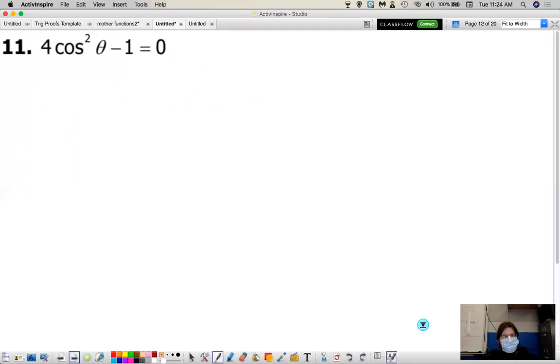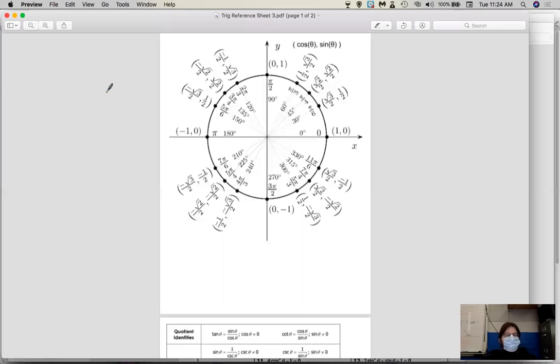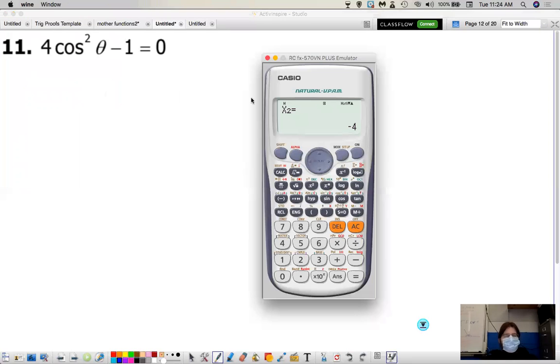Not interesting. Let's try this one. This is a little more interesting. So again, mode 5-3. I have 4 cosine squareds, 0 cosines, and -1 for my constant. Half and -1/2.